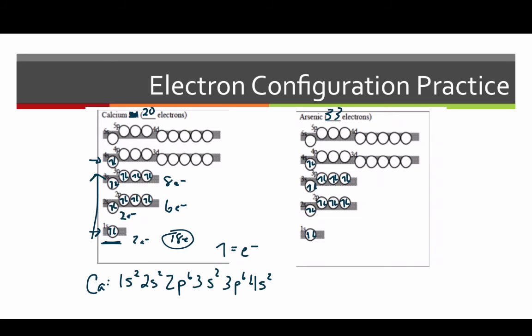And now if I look at this little line, if I look at here, we're going to find that 3d is lower in energy than 4p. So according to the Aufbau principle, that's the one that has to get filled up first. So I have to see how many electrons I have used so far.